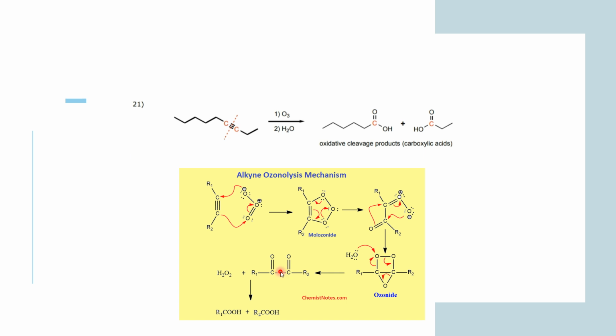This carbon carbon bond is already very weak because both these carbon centers are highly electron deficient, because the oxygen atoms present here are pushing the shared electron pairs towards each of themselves. So this carbon carbon bond will be cleaved using hydrogen peroxide, leading to the formation of two molecules of carboxylic acids.